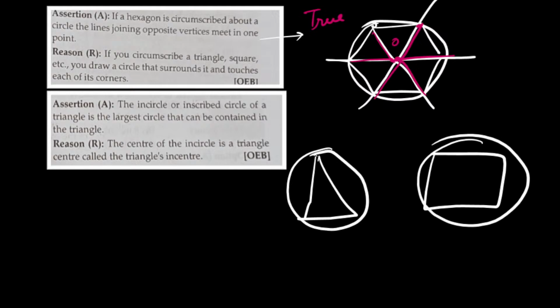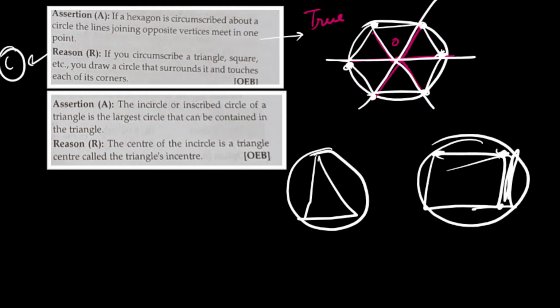See, it is touching each of the corners only. In case of corner means vertices. If you are drawing a circumscribing circle for any polygon, it will always touch its vertices. So like this. In case of a square also it will touch. So both are true. For this also option C is correct. Both are true.